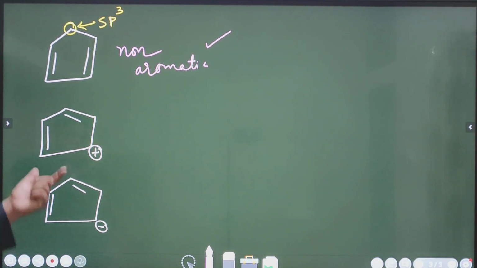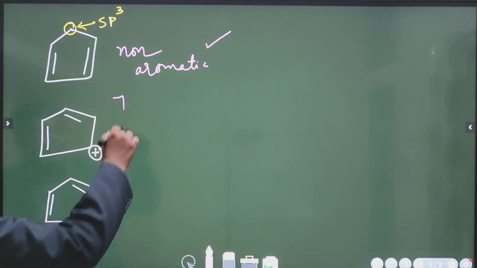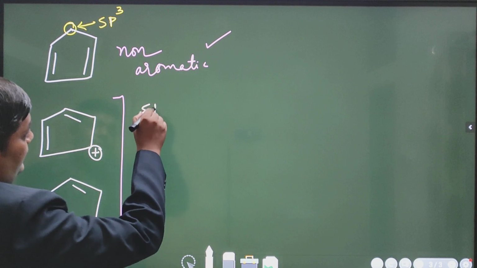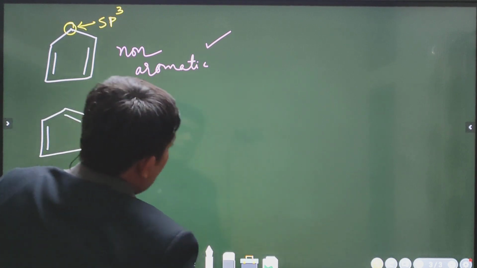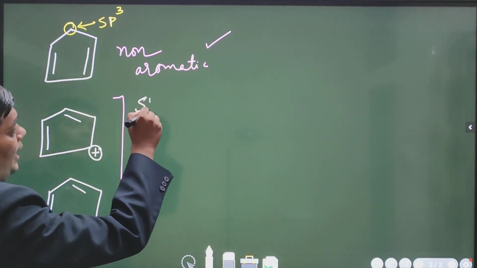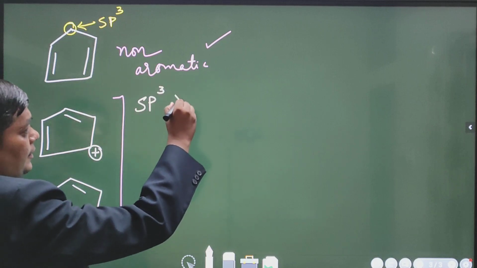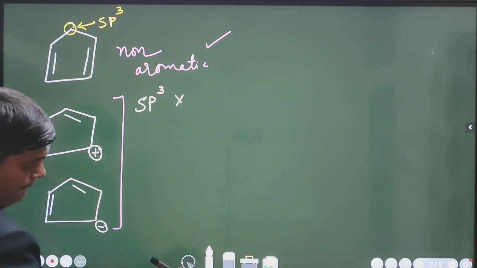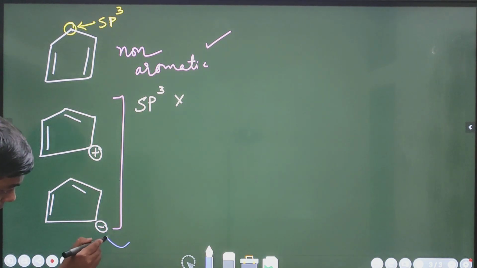Now we are left with these 2 structures, where in common I can precisely say that we are missing an sp3 carbon, subject to the condition that I have not considered this as an sp3 carbon, the rule that I taught you just now.